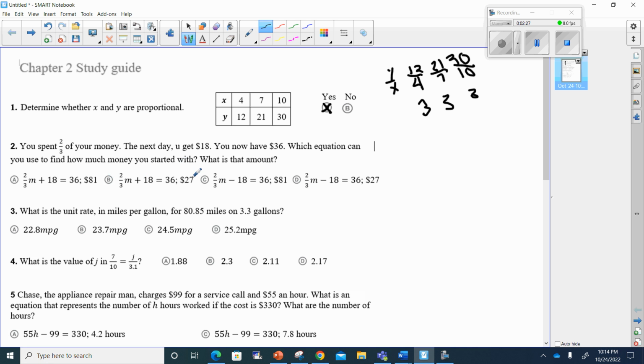We have these two here that both equal 36, but one of them comes up to $81. One of them comes up to 27. So I'm thinking we need to figure out, is it going to be A or B? Let's figure this out. When I subtract 18 from both sides, this is going to give me another 18 left over.